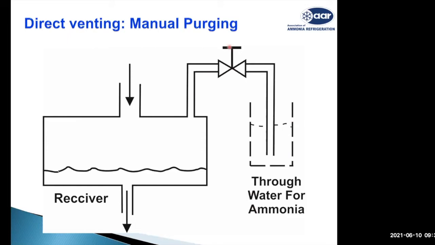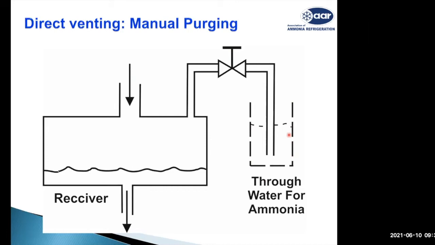When the plant is totally shut down and closed, this valve is opened very slowly, and whatever accumulation of air is there is drained into that water. Please remember, it has to be drained into the water only. You cannot open it to the atmosphere. It may lead to ammonia leakage.